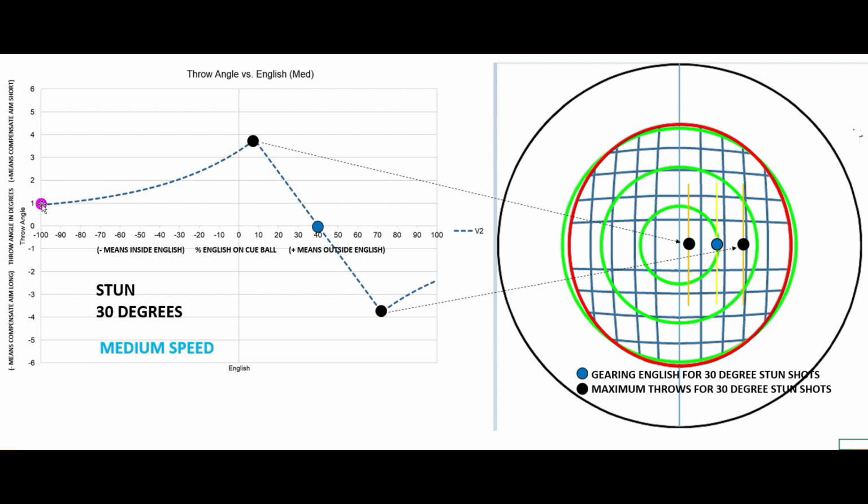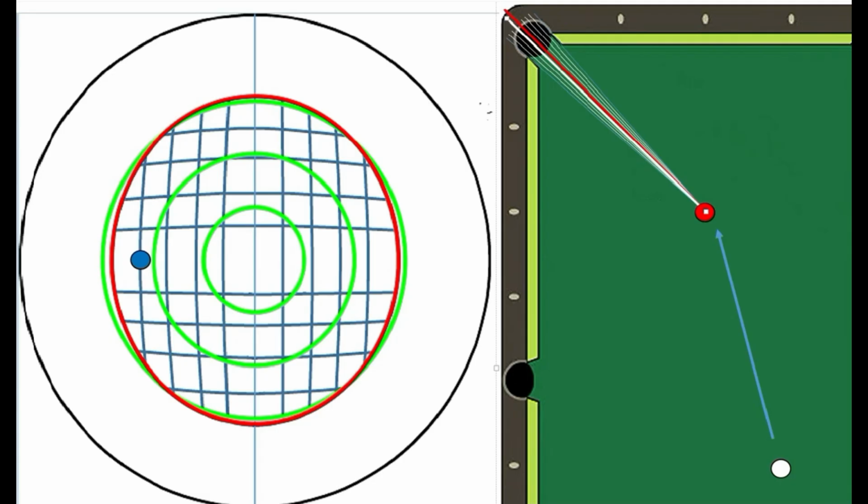So from 100% inside English to about 10% outside English, the compensation will increase. From negative 100% in 10% increments to 10% outside English, compensation increases.